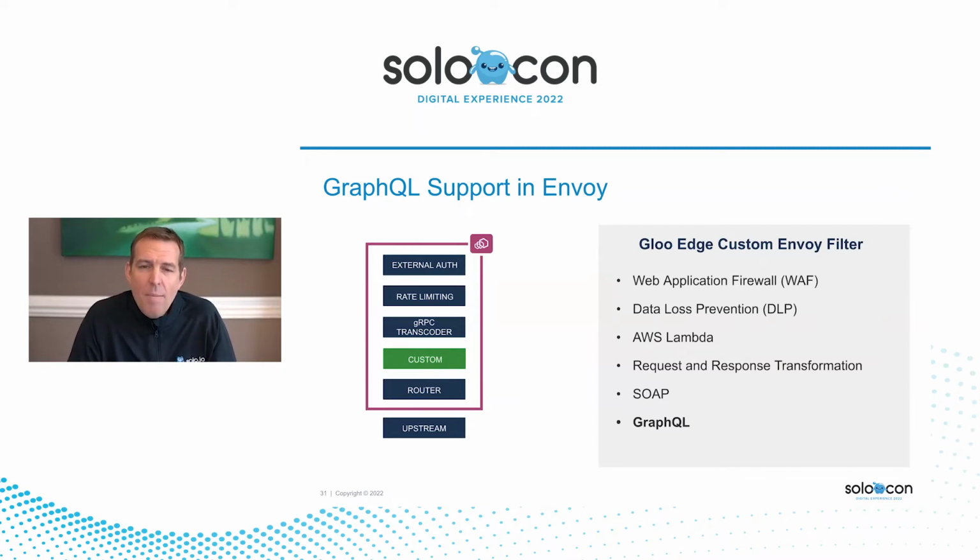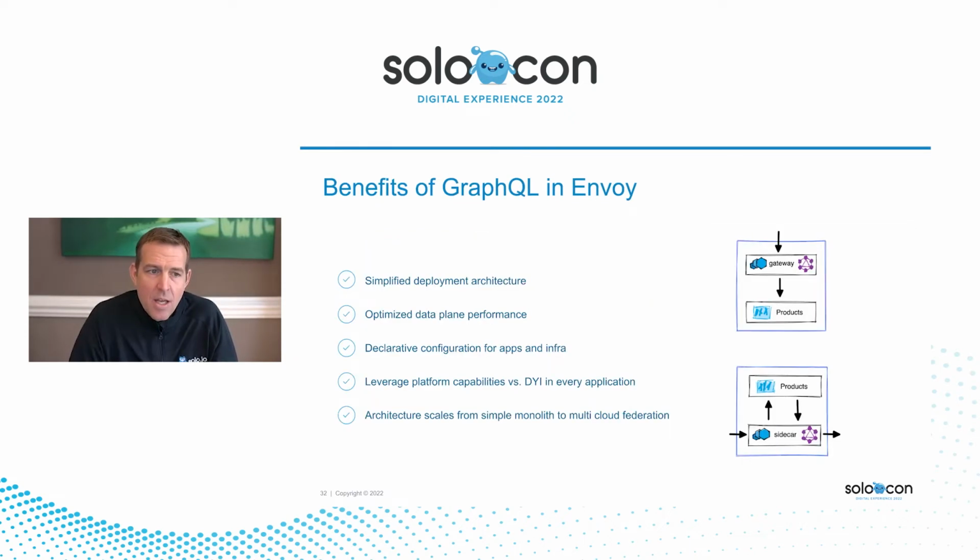Now, what benefits does this offer? And I just want to talk about a few benefits here. The first is a drastically simplified deployment architecture. I can't tell you how many times we talk to customers that begin to struggle even in the tens when they get to GraphQL APIs and individual GraphQL endpoints.